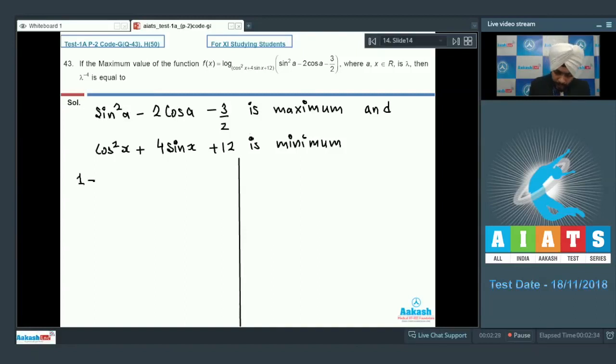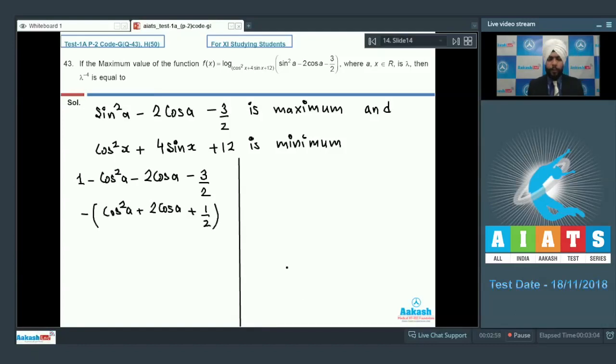That is 1 minus cos square a minus 2 cos a minus 3 by 2. That is minus cos square a plus 2 cos a plus 1 by 2. So I need 1 by 2 more in this bracket.